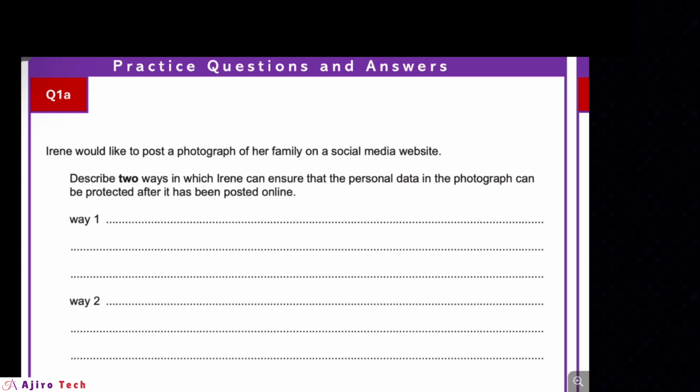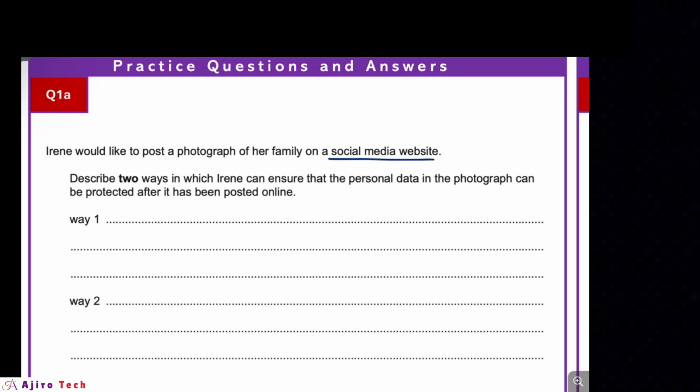Irene would like to post a photograph of a family on a social media website. Describe two ways in which Irene can ensure that the personal data in the photograph can be protected after it has been posted online.